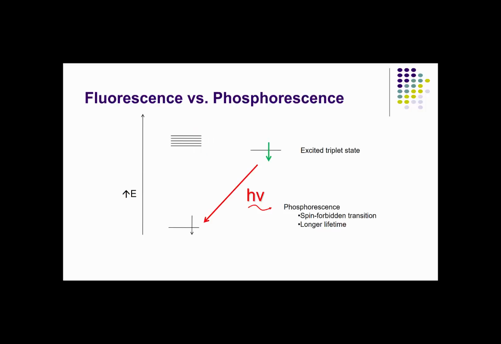And this brings us to the last process that we call phosphorescence. Phosphorescence is the formally spin-forbidden emissive process which occurs when there is a difference in the spin angular momentum between the excited state and the ground state. The lifetime for phosphorescence is much longer than that for fluorescence.